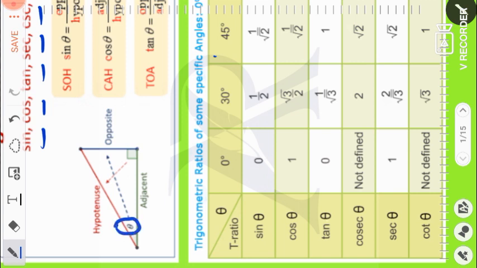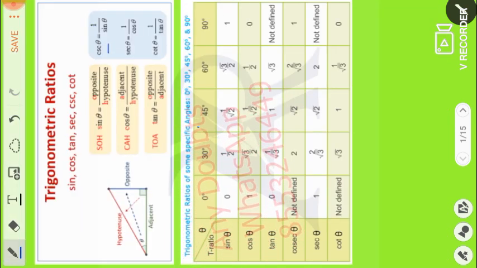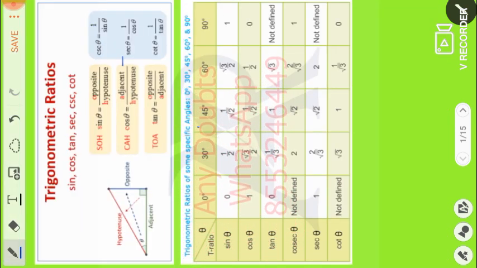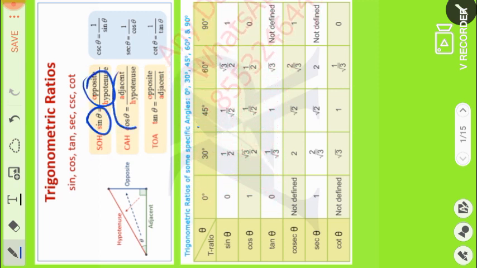Here we have an angle theta and the side opposite to this we call it as opposite, and the side adjacent to this we call it as adjacent, and the side opposite to this 90 degree we call it as hypotenuse. There are some predefined ratios found by our mathematicians, that is for sine theta opposite by hypotenuse, for cos theta adjacent by hypotenuse, and for tan theta opposite by adjacent.